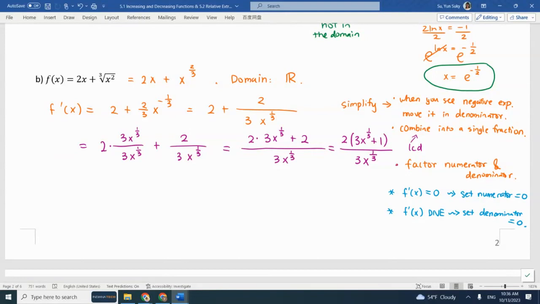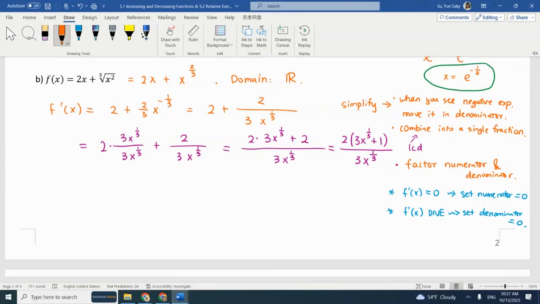Okay, everybody? That's why you combine them into a single fraction, and you factor your numerator and factor your denominator. And now you can set the numerator and denominator equal to 0. Our numerator, look at this factor. The 2 has no x in it. 2 is the constant, right? So just ignore that.